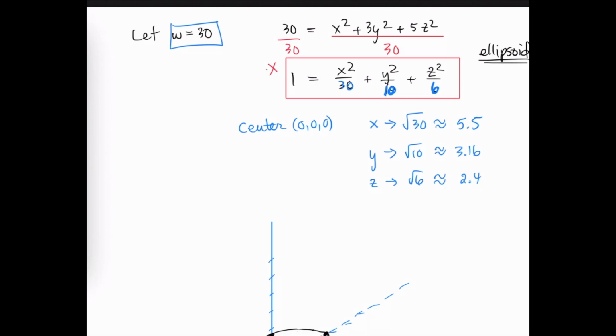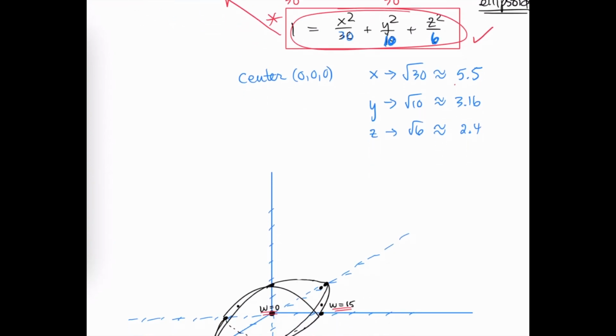So now for the last level surface at w is equal to 30, we're going to get another ellipsoid, and all of the ordered triples that are on this ellipsoid are going to map to w is equal to 30. So on this ellipsoid, we're going to be traveling 5.5 in the direction of x, 3.16 in the direction of y, 2.4 in the direction of z.